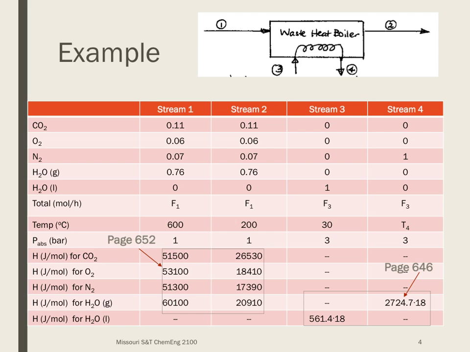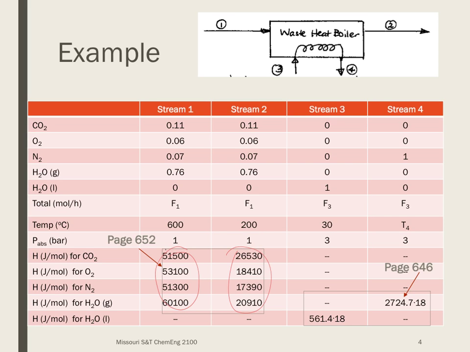At the feed temperature of 600 degrees C, this first column are the enthalpies that one finds. And at 200 degrees C, these are the enthalpies one finds. So the enthalpies have decreased across there.